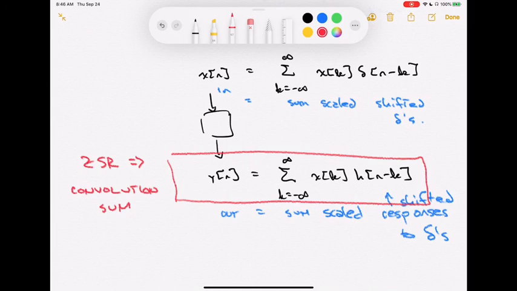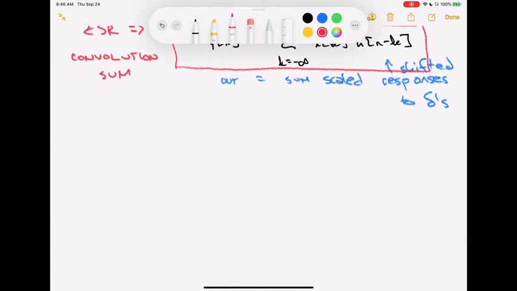If I know my input x and I know the unit impulse response, that single measurement, pull out your hammer, whack the system, see what comes out. If you know those two pieces of information, you can determine the system output. That unit impulse response completely characterizes the behavior of that system. So what do we see on this?